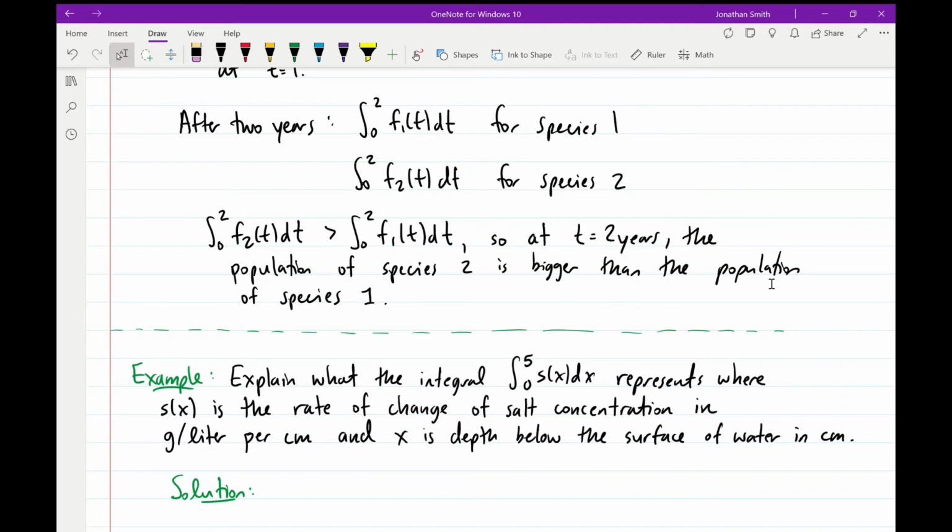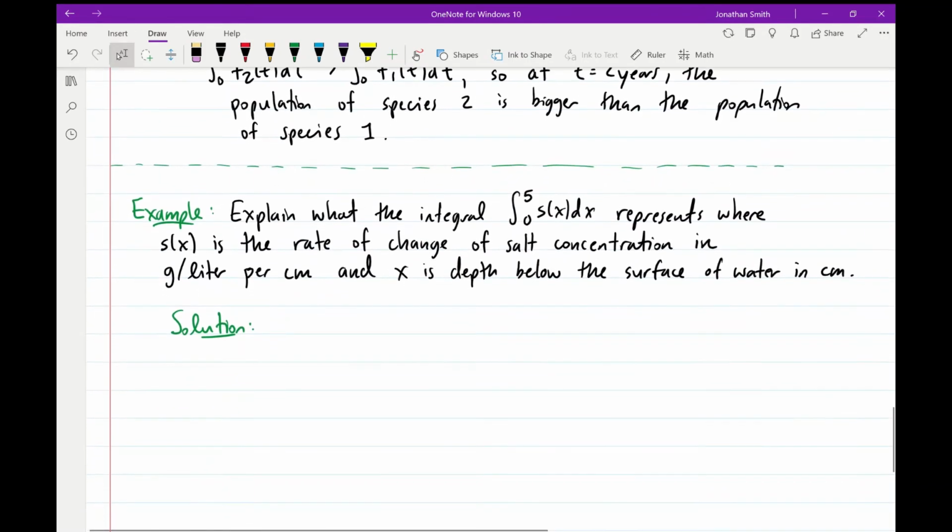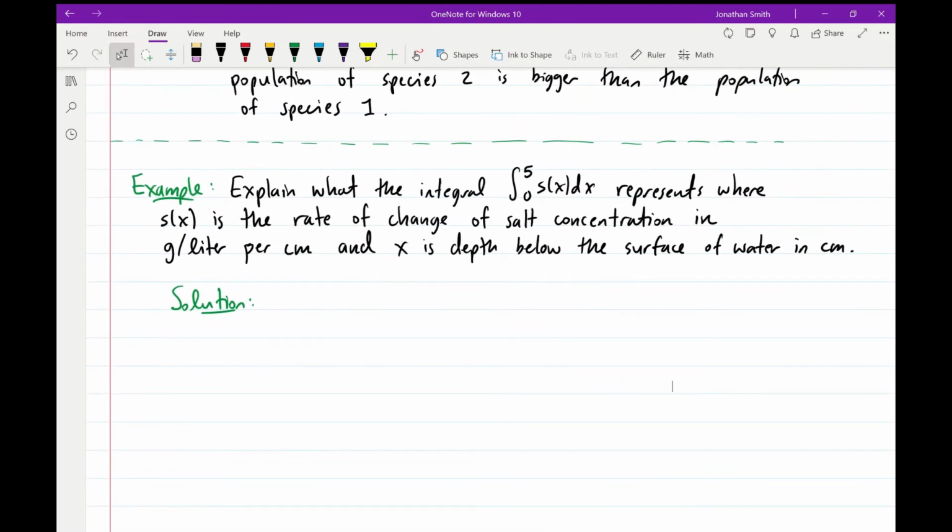So in the next example, we again want to interpret the definite integral. In this case, we have the integral from 0 to 5 of s of x dx, where s of x is the rate of change of salt concentration in the units of grams per liter per centimeter, and x is the depth below the surface of water in centimeters. Okay, so first off, let's start with the units of what this integral is going to be.